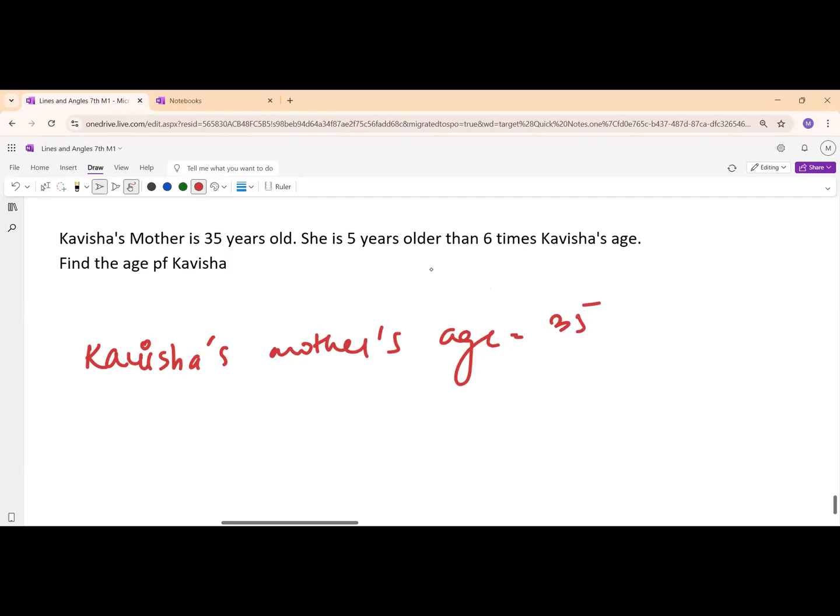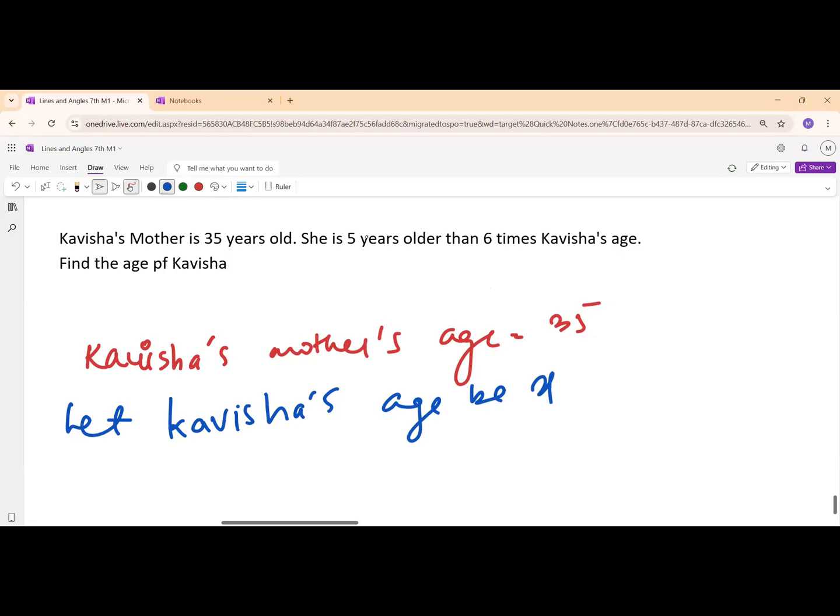Find the age of Kavisha. I told you, whatever is asked, let that be X. So let Kavisha's age be X. We will assume Kavisha's age to be X.